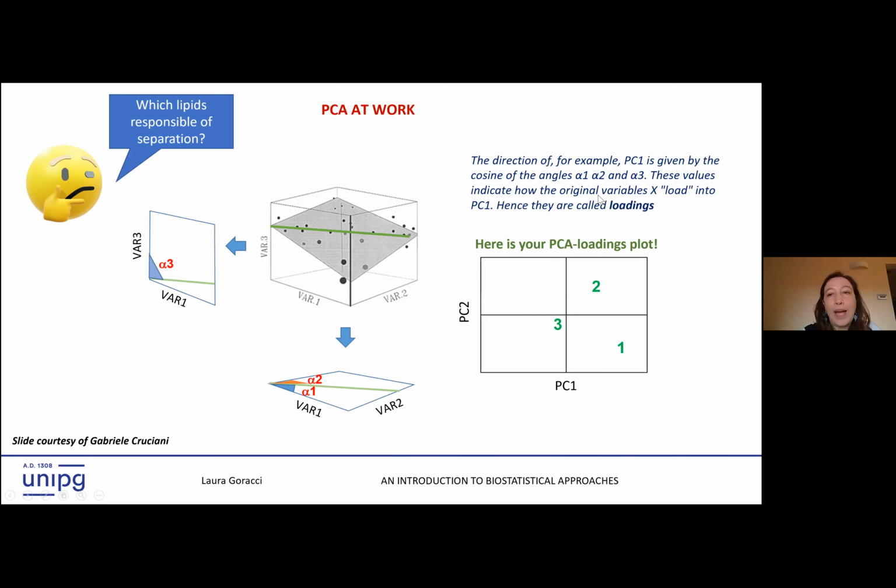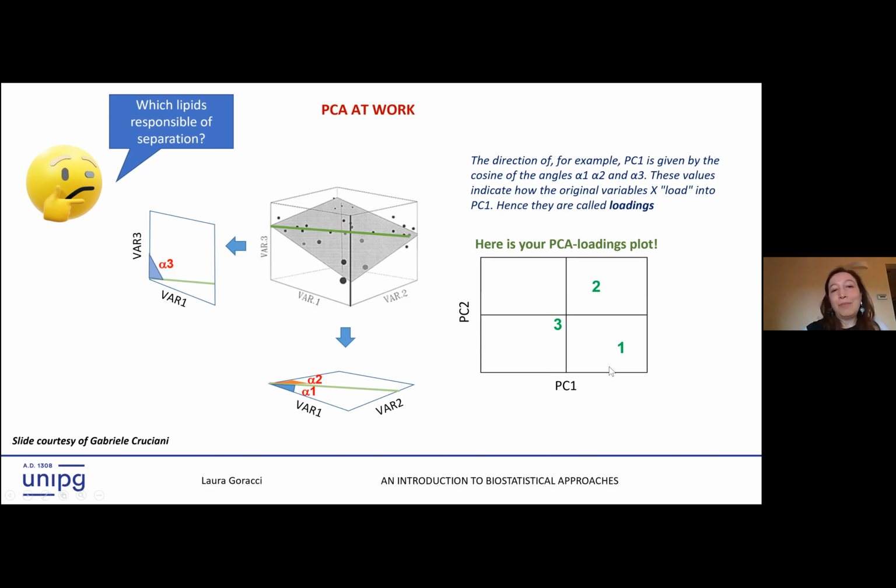And so we are going to have for each principal component 3 values, the cosines of the angles alpha 1, alpha 2, and alpha 3. And these values indicate how the original variables are loaded into the PC1. This is why it is called loading plot.